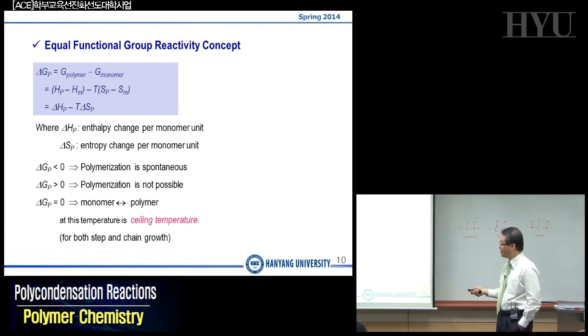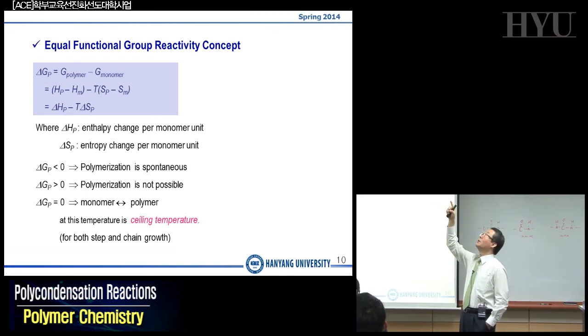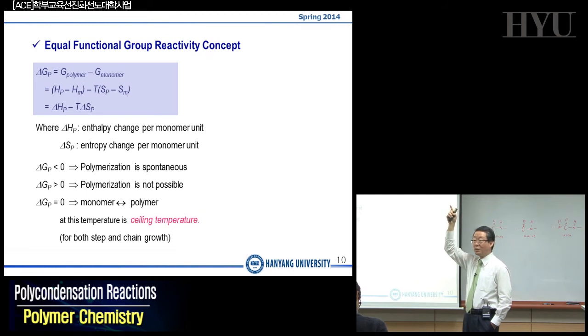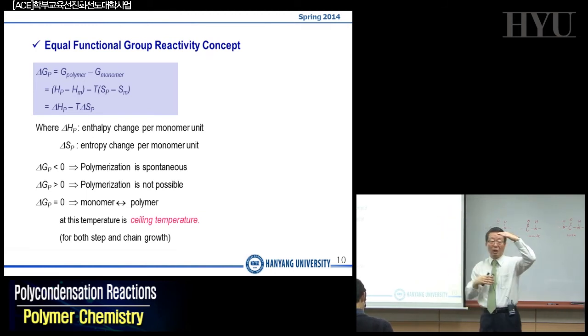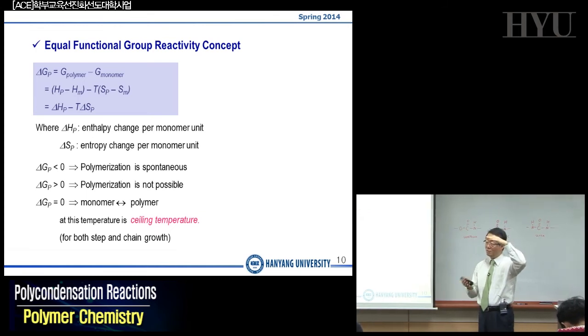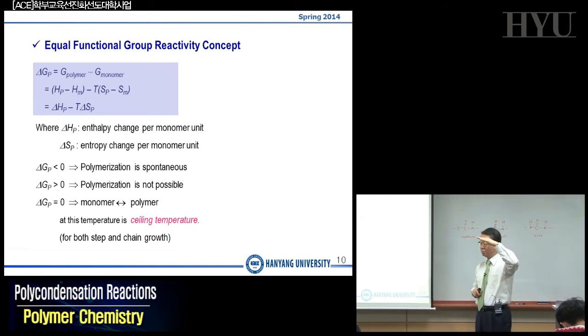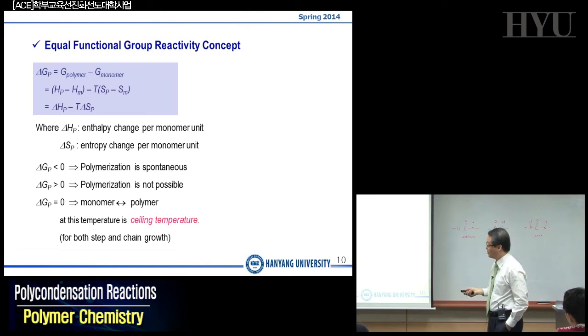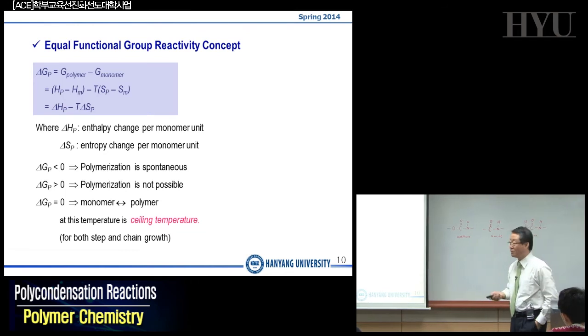The temperature at the equilibrium is called the ceiling temperature. Okay, ceiling temperature. Ceiling means the 천장. This is what we call the ceiling. A ceiling blocks the sky from your interior, the room. If you wear a hat, it shields your body from the sky or sunshine. So ceiling means that it just reaches some sort of equilibrium in thermodynamic terms.